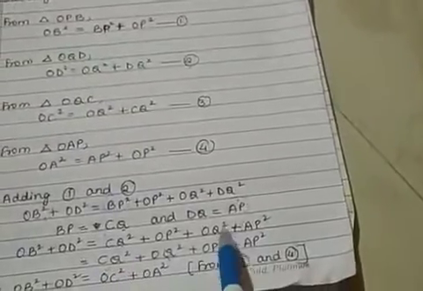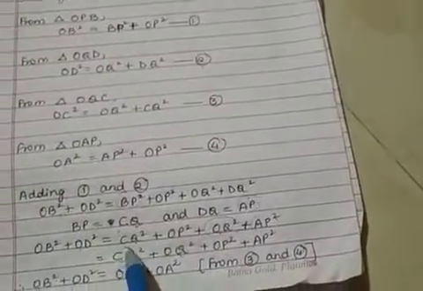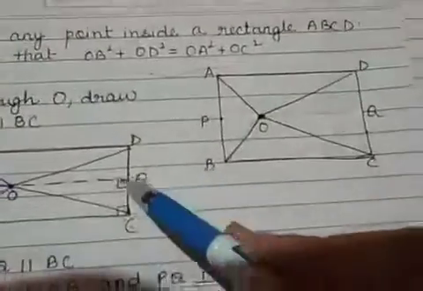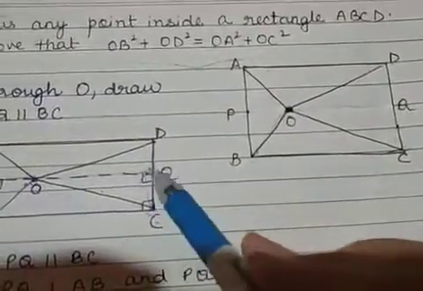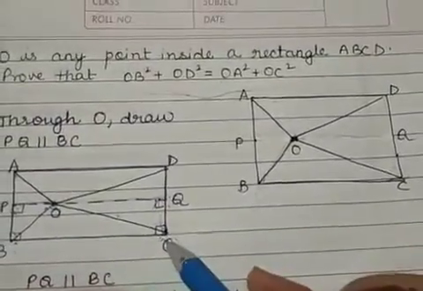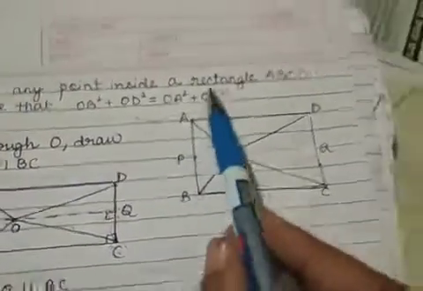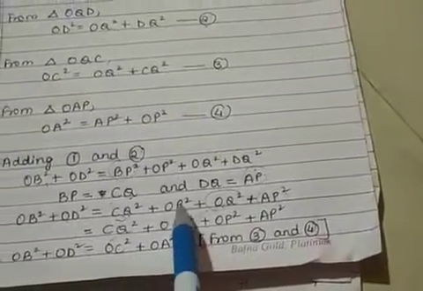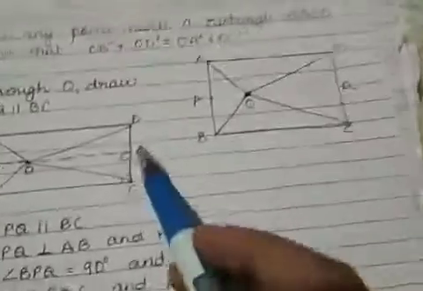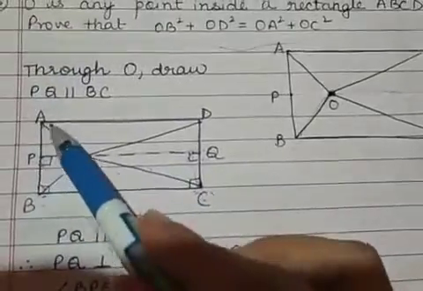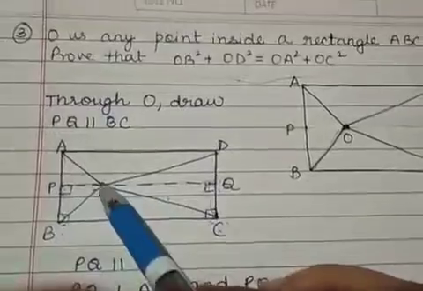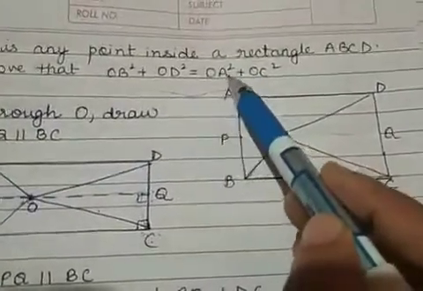Okay. Now if I bring this term here, this is CQ square plus OQ square. So what is CQ square plus OQ square? It is OC square, correct? So from that I'll get OC square. So CQ square plus OQ square plus OP square plus AP square. OP square plus AP square will be OA square. So I will get this term also.